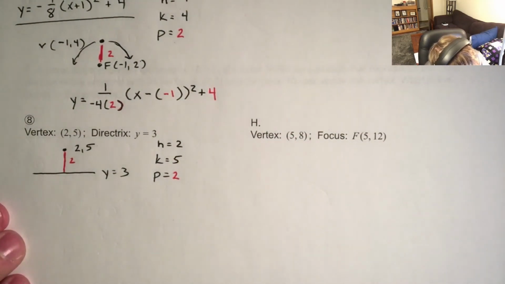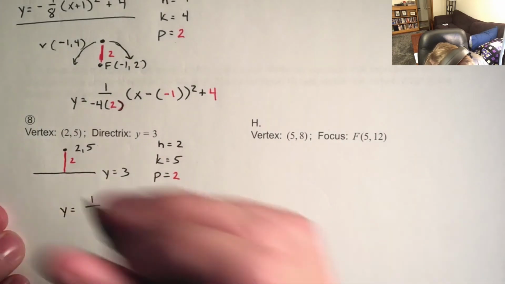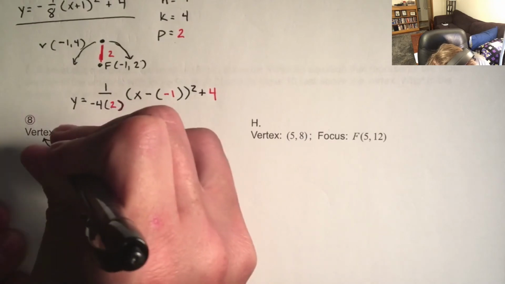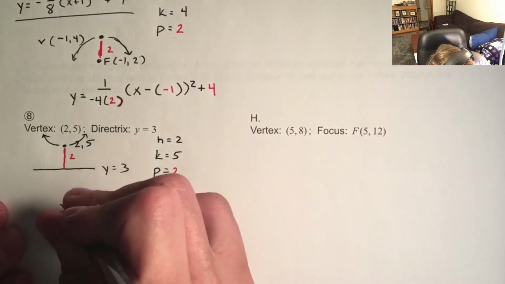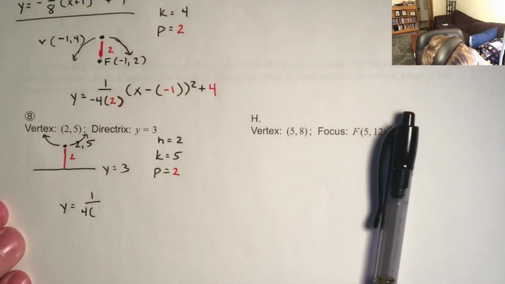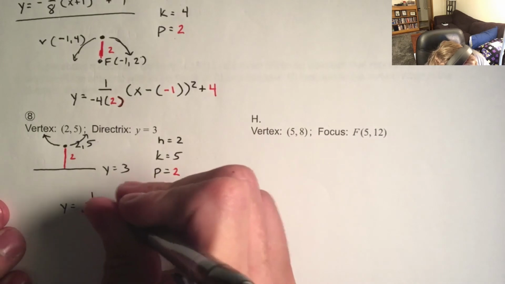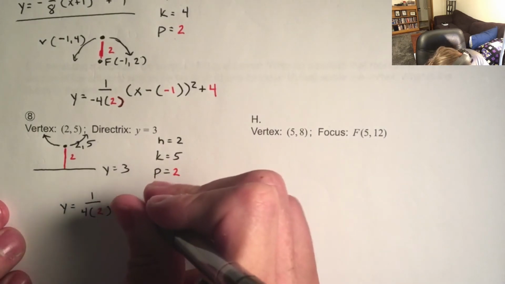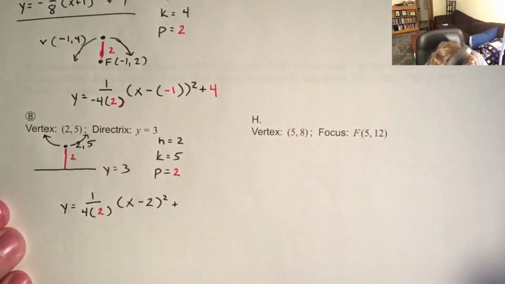Okay, and so then I can start the formula. Y is equal to 1 over, well, let's just think. This one would open upward, right? Because the directrix is below it. Okay, so this would just be 4 times 2, and then times x minus 2 squared plus 5.